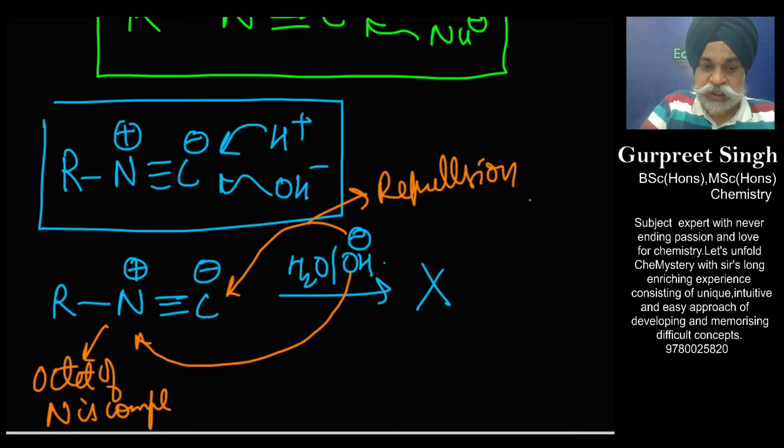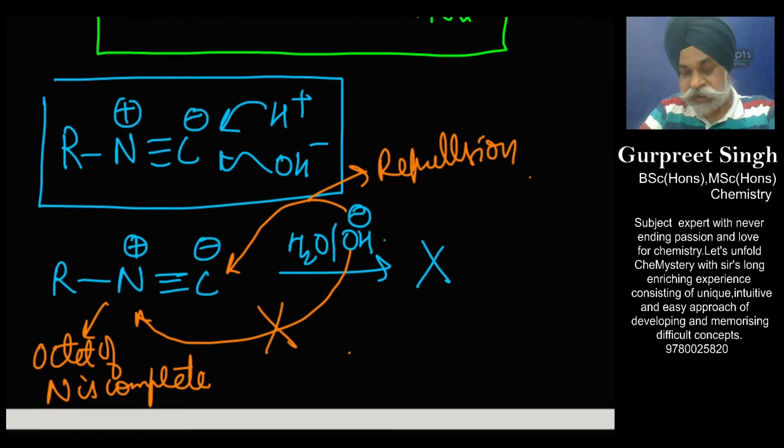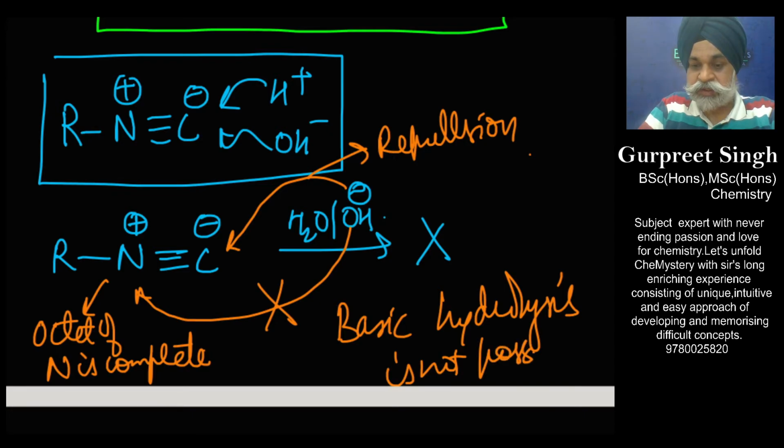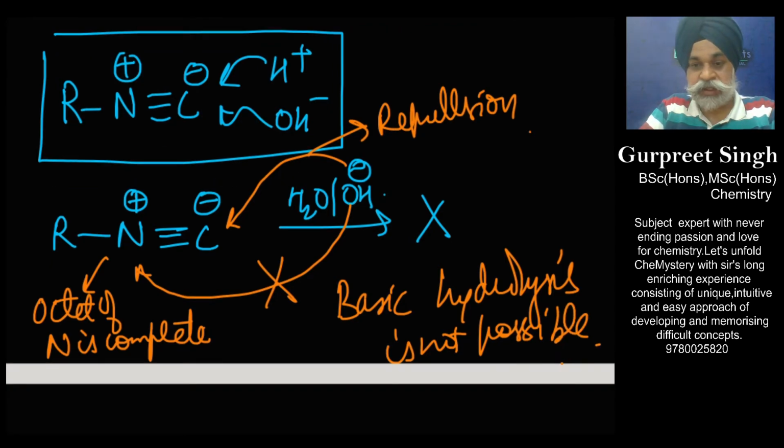So it has no tendency to gain that electron. It cannot make 5 bonds around it. So we shall be saying that basic hydrolysis won't happen. Isocyanates would not undergo basic hydrolysis.